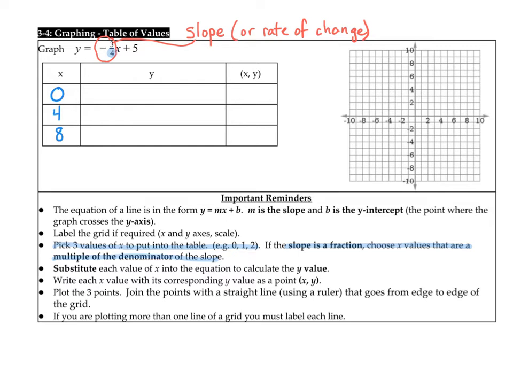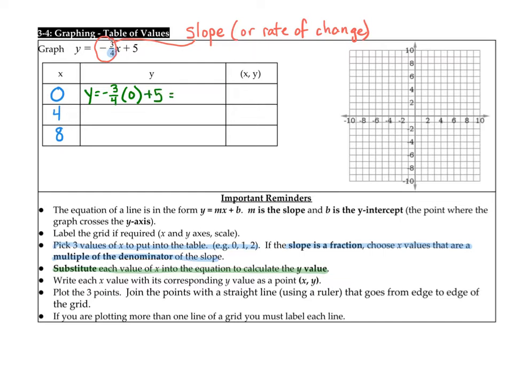Then what you're going to do is substitute each of these values of x into the equation to calculate the y value. So for the first one, it's going to be -3/4 times 0, because you're going to take the x value of 0 and substitute it in for the x, and then plus 5.